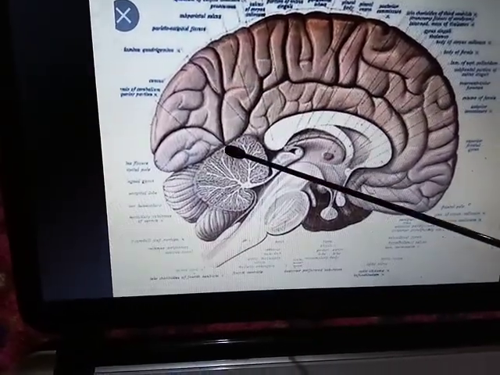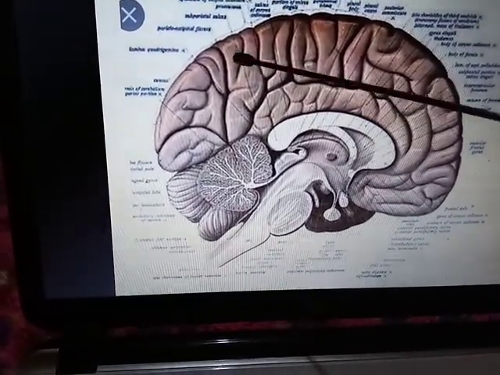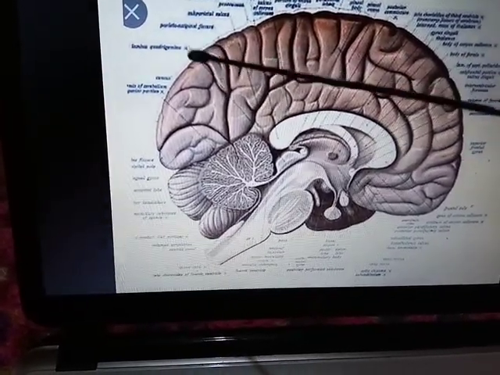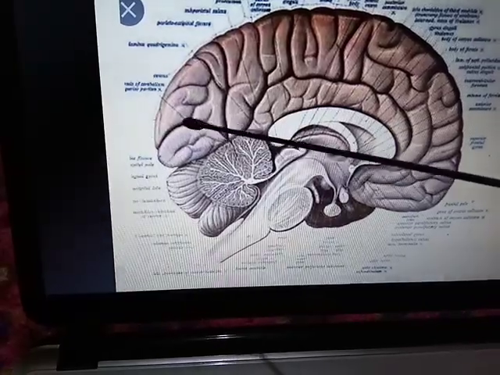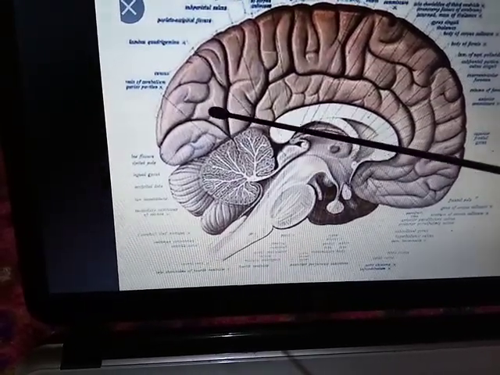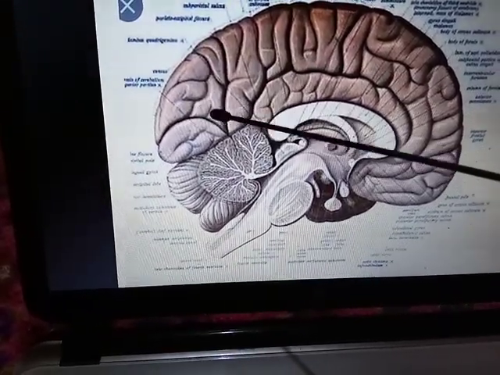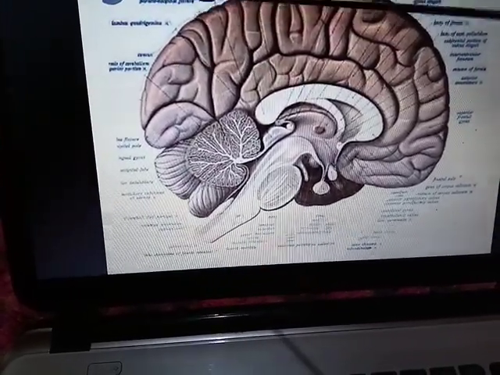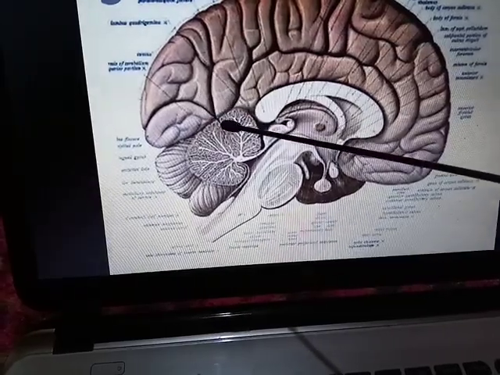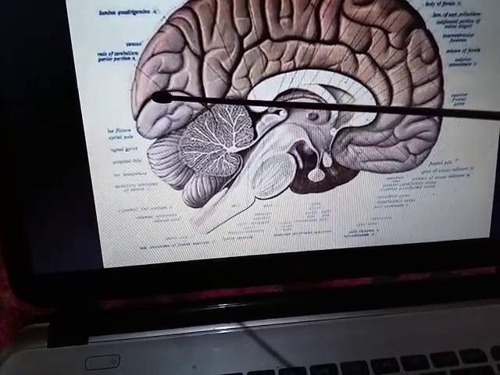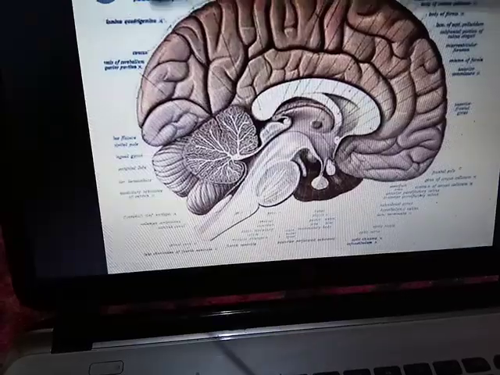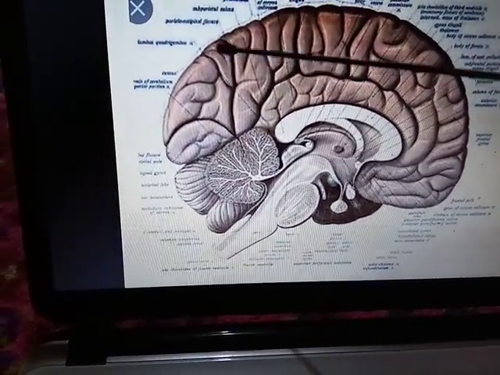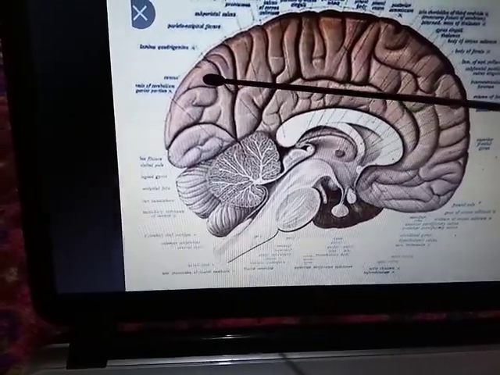This area which I am demarcating here is your precuneus, and this triangular area is your cuneus. This cuneus is bounded superiorly by the parieto-occipital fissure and inferiorly by the calcarine fissure or calcarine sulcus.